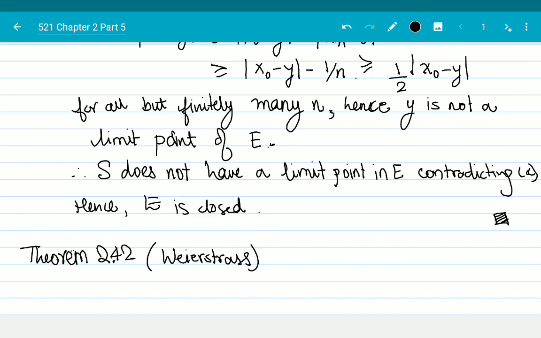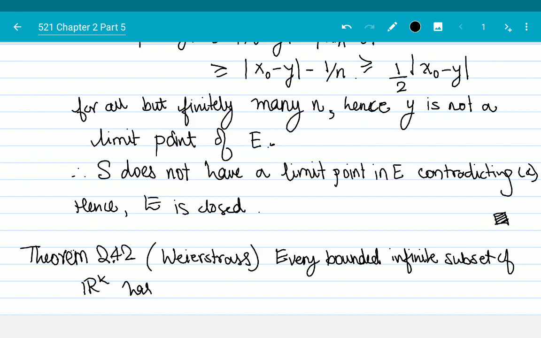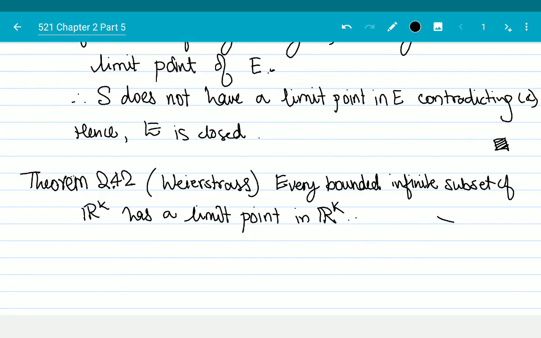Every bounded infinite subset of Rk has a limit point in Rk. How do we show this? The proof is really easy once we have all the machinery set up, which we now do.